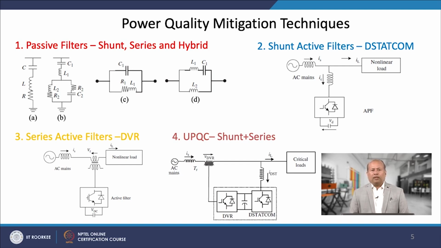The first one is passive filters, which may be shunt type, as seen in figure A and B, or series type, as seen in figure C and D, or hybrid type, which is a combination of both shunt and series.